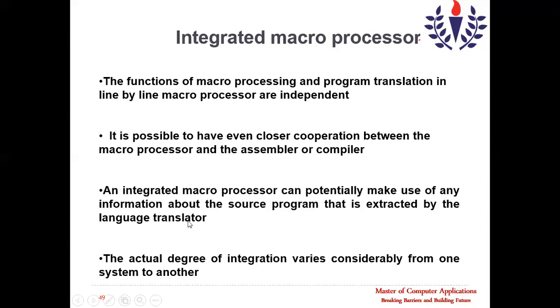That means whatever information the language translator is getting from the source program, the macroprocessor can also use. Like the language translator is reading line by line, the macro processor can use that information, and wherever macro expansion is required, it will expand the macro. So here both language translator and macro processor are working like an integrated part. So this is the integrated macro processor.